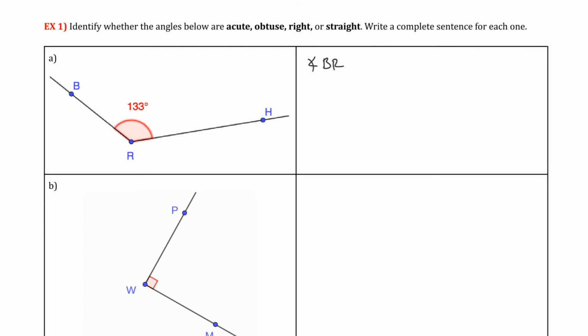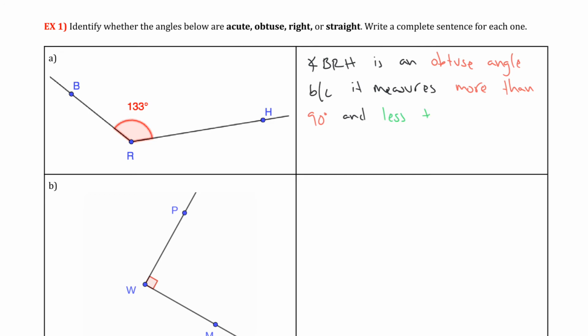Angle BRH is an obtuse angle because it measures more than 90 degrees and less than 180 degrees.